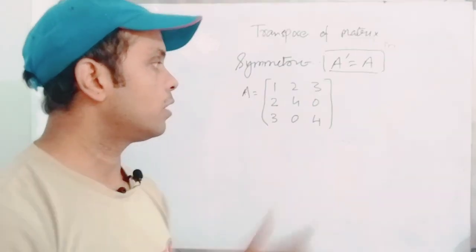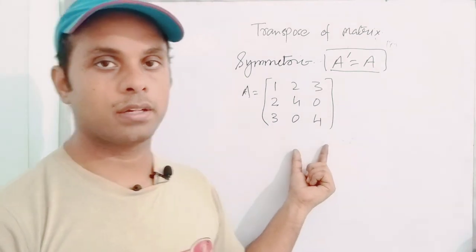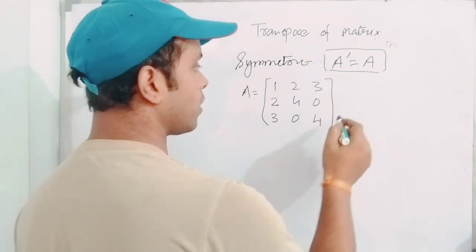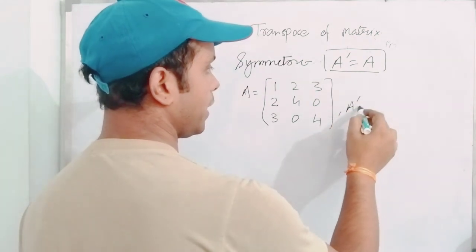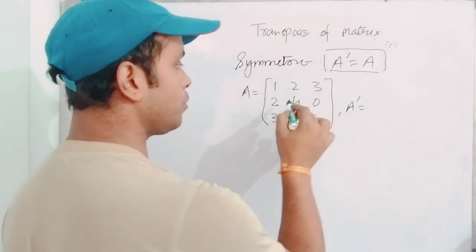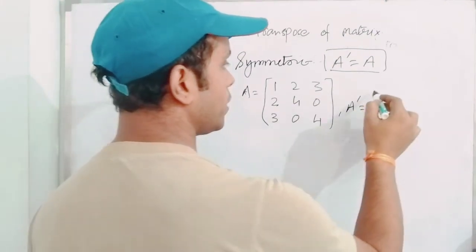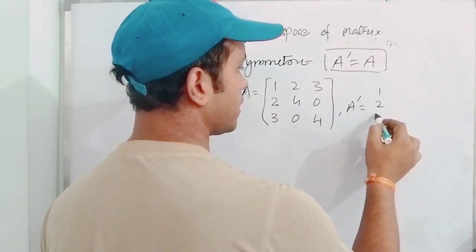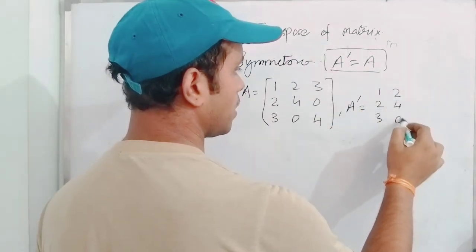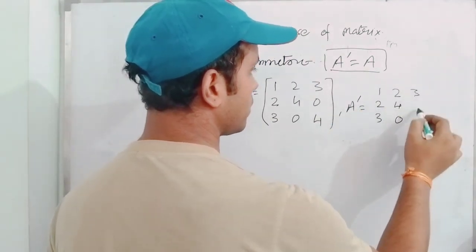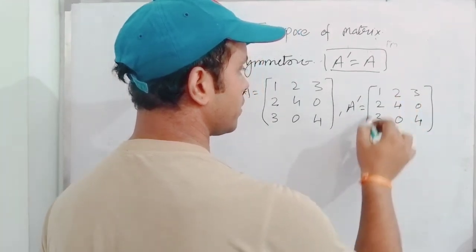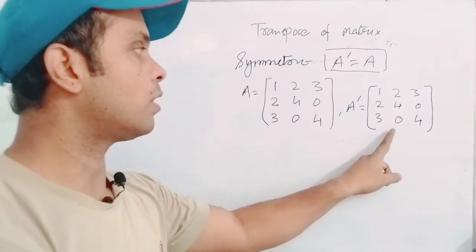Okay, now let's verify. Find A transpose and see whether it is itself or not. If we find A transpose, R1 becomes C1, R2 becomes C2 and R3 becomes C3. So write R1 as C1, R2 as C2, and R3 as C3, and then check whether this is the same matrix as the original or not.